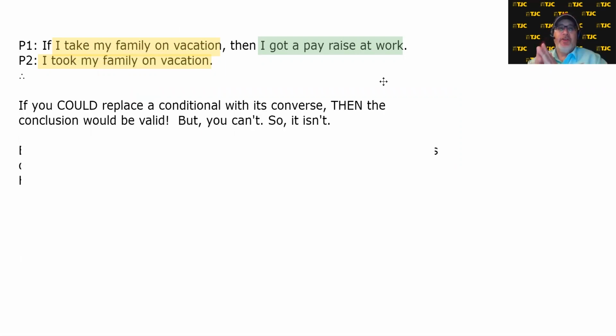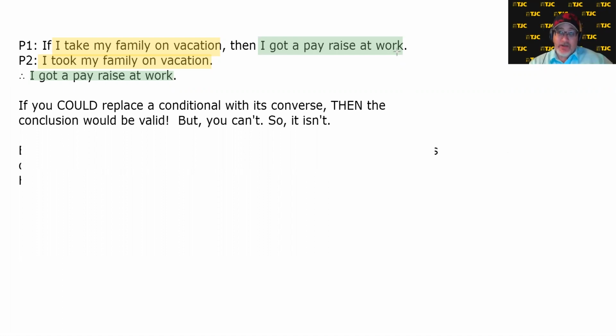If you could replace a conditional with its converse, then the conclusion would be valid. The conclusion being, I got a pay raise at work. Because again, if you could replace the conditional with its converse, then this would be the law of detachment and the conclusion would be valid.